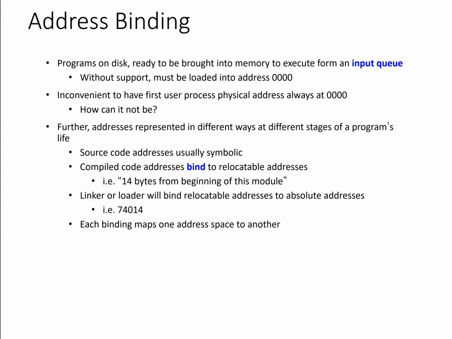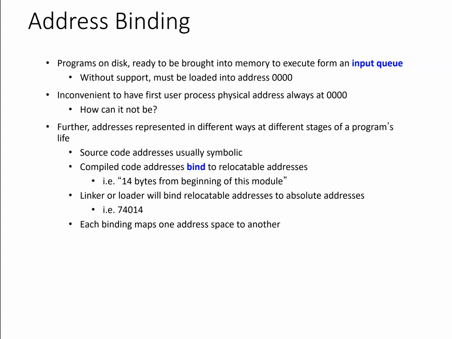Programs on disk ready to be brought into memory to execute form an input queue. Without any type of support, they're loaded into address 000. However, it's inconvenient to always have the first process at physical address 0. How can we get around this? Well, there are different address types that have to be dealt with.